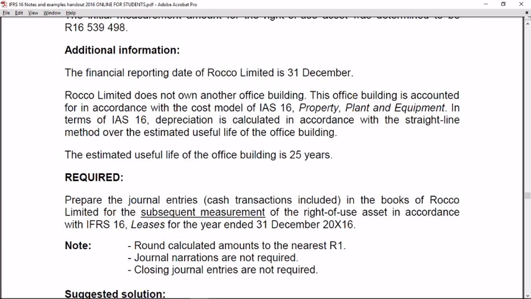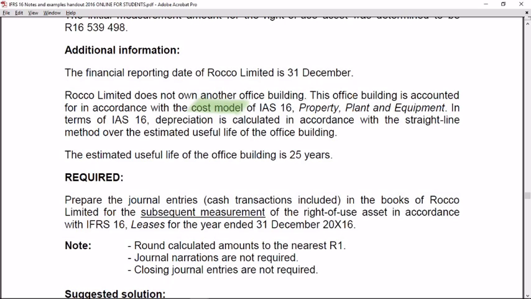The following additional information applies. The financial reporting date of Rocco is 31st December. Rocco Limited does not own any other office building. This office building is accounted for in accordance with the cost model. The revaluation model will therefore not be available.